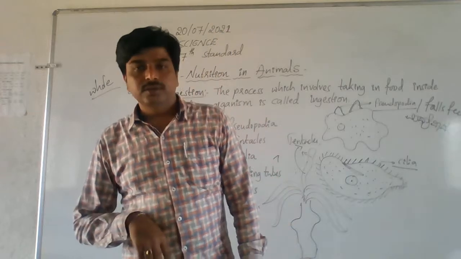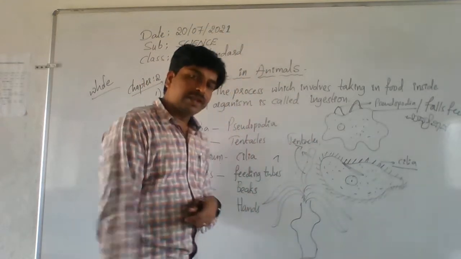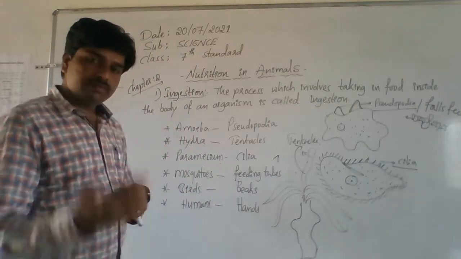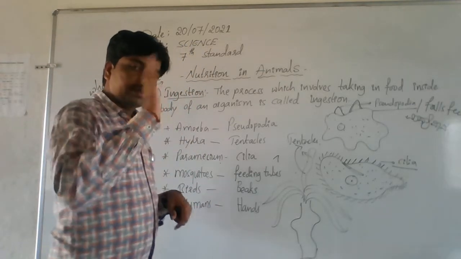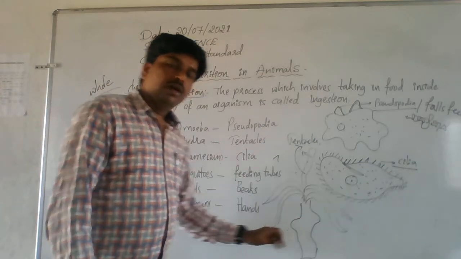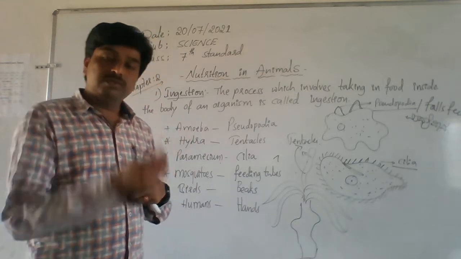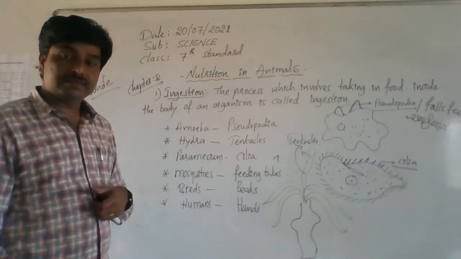Some humans use the left hand, some use the right hand, depending upon your body structure. Okay. I am also right-handed. Don't worry. So this is about how animals intake the food by using their body structures.